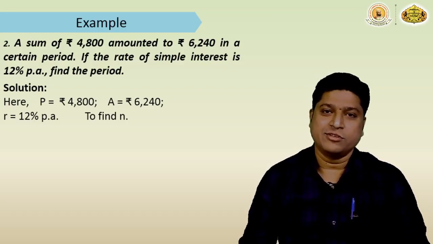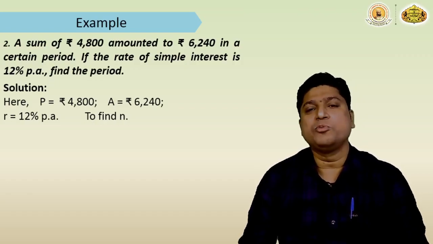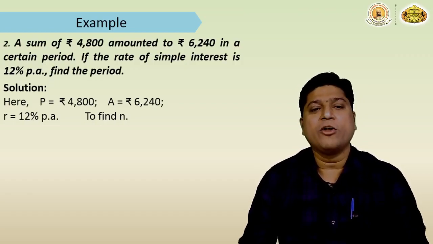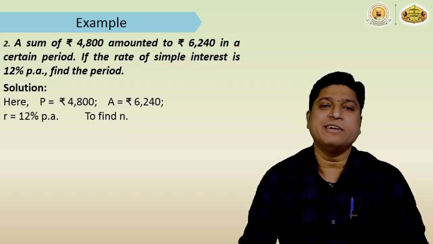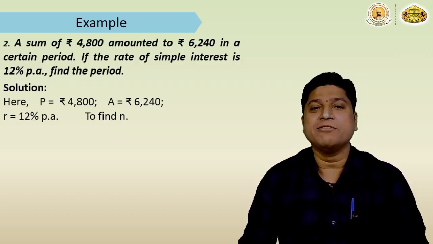My dear students, please note one thing. If you use the first formula, that is I is equal to PRN upon 100, we are not going to get what they have asked us. So, looking at what has been given in the example, we came to know that they have given us A, that is capital A, amount is equal to 6,240.